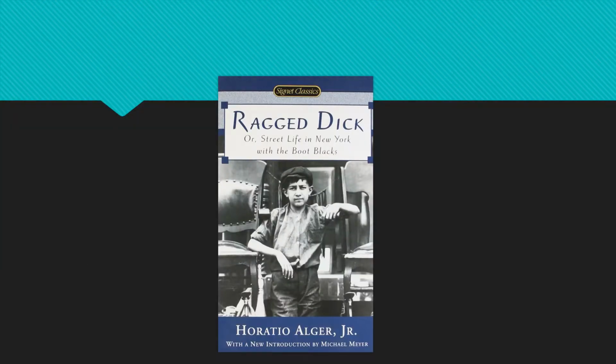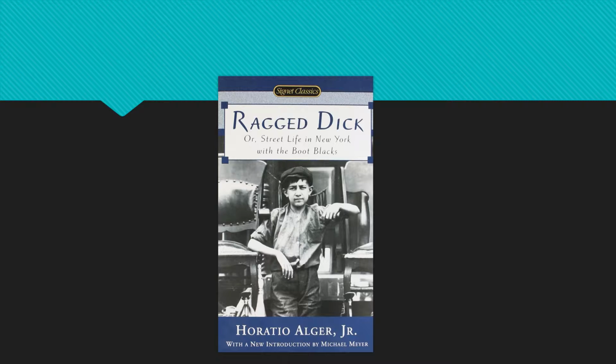To start with, the text talks about Ragged Dick by Horatio Alger Jr., and he talks about a young boy who saved a boy from drowning, and he was conveniently given a job that was $10 a week, which was 3 times more than what he had been given. So this really just set the young boy on his way.